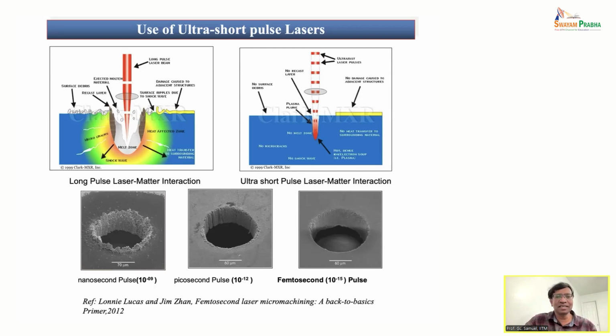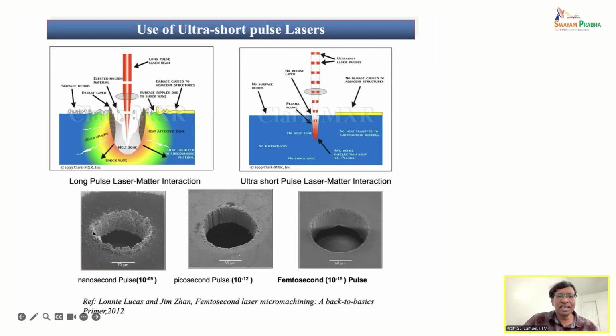So from nanosecond, if you move down to picosecond and then femtosecond, we see that there is a great improvement in the finishing of the hole. And if you take even the ordinary continuous lasers, it will be much worse.